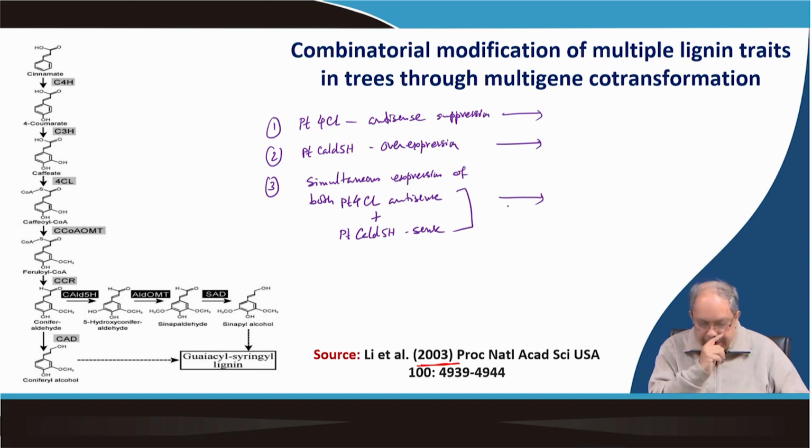So, PT4Cl, if you again use a strong promoter, the level of lignin reduction will be more. So, that led to the formation of desired results, that is a significant reduction in lignin contents.